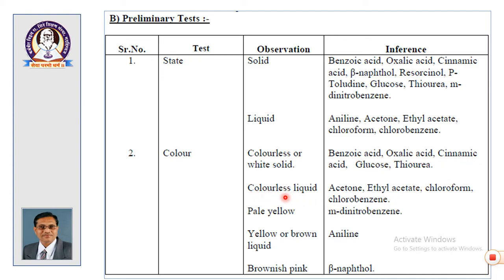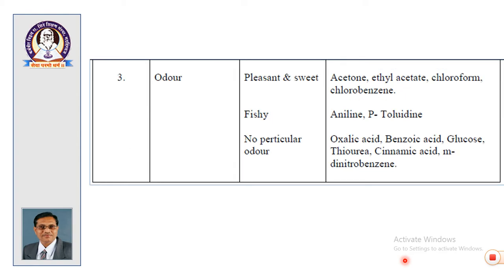Then if it is colorless liquid, then it will be acetone, ethyl acetate, chloroform, chlorobenzene, out of these. If it is pale yellow, then it will be M-dinitrobenzene, it is solid in nature. Yellow or brown liquid, it will be aniline, and brownish pink color, it is solid of course, it is beta-naphthol. Then next is odor.